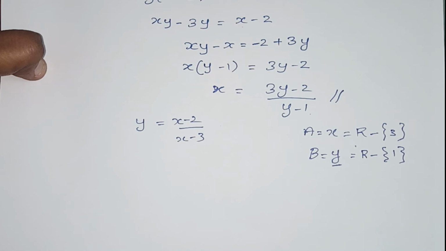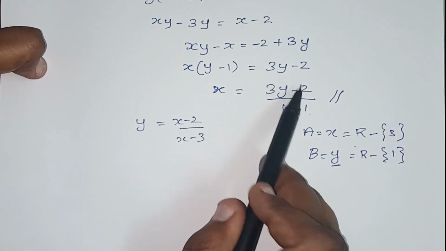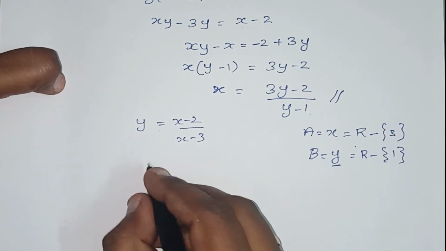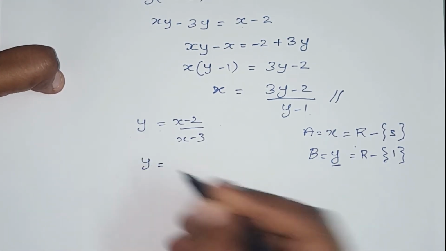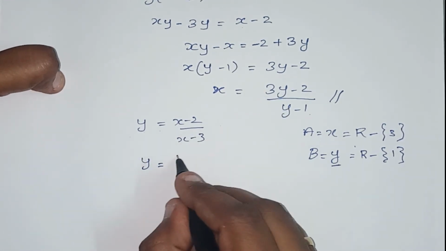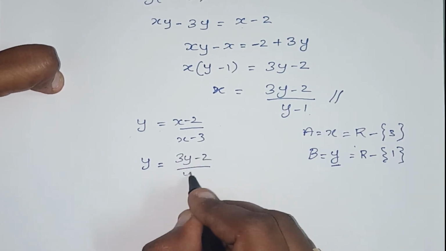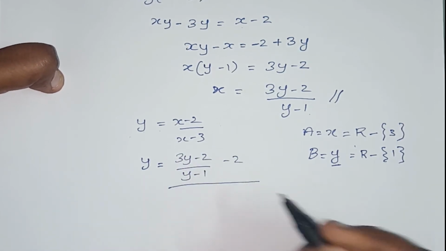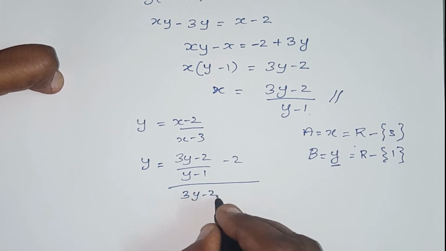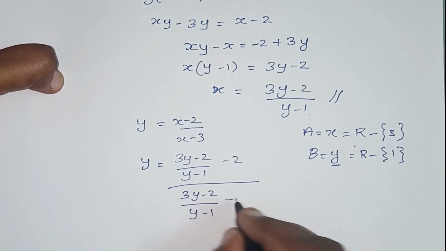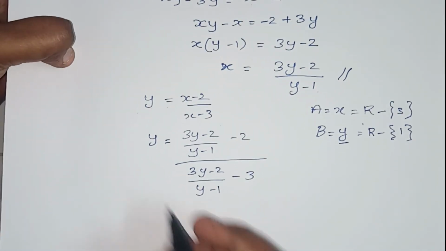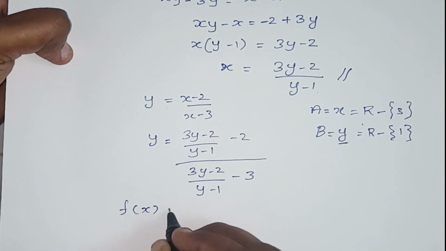So f of x is equal to y. We can prove this by putting this x value in this y. So f of x equals (3y minus 2) divided by (y minus 1), minus 2, divided by (3y minus 2) divided by (y minus 1), minus 3. This is y, so we can write y equal to f of x.